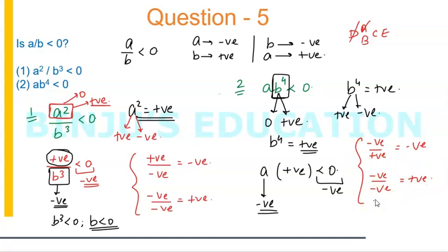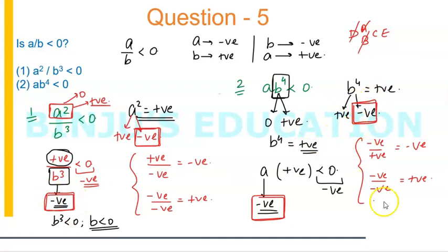Now, if we combine both the statements, because statement B alone is also giving you two conclusions, so B can't be the answer. If we combine both the statements, in that case, A has to be negative and B also has to be negative.